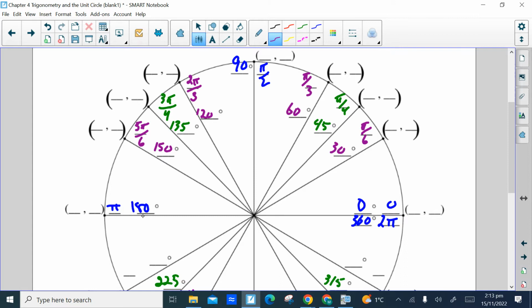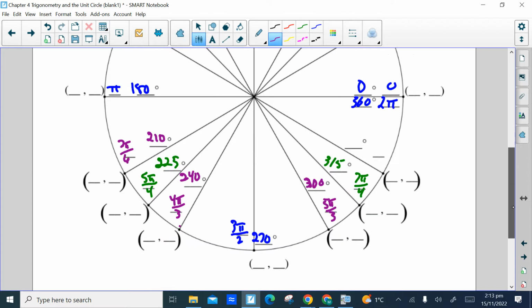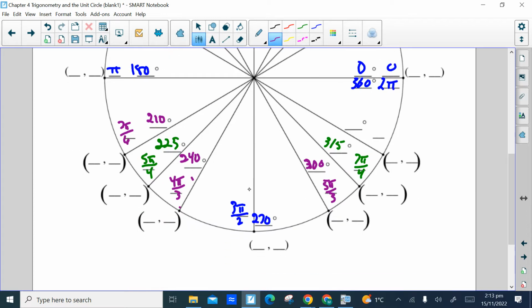Another 30 takes us to 180, which is 6 pi on 6. Another 30 is 210, which will be 7 pi on 6. And then we have 8 pi on 6, 9 pi on 6, 10 pi on 6. 330 degrees is 11 pi on 6. So those are all the stops on the unit circle.